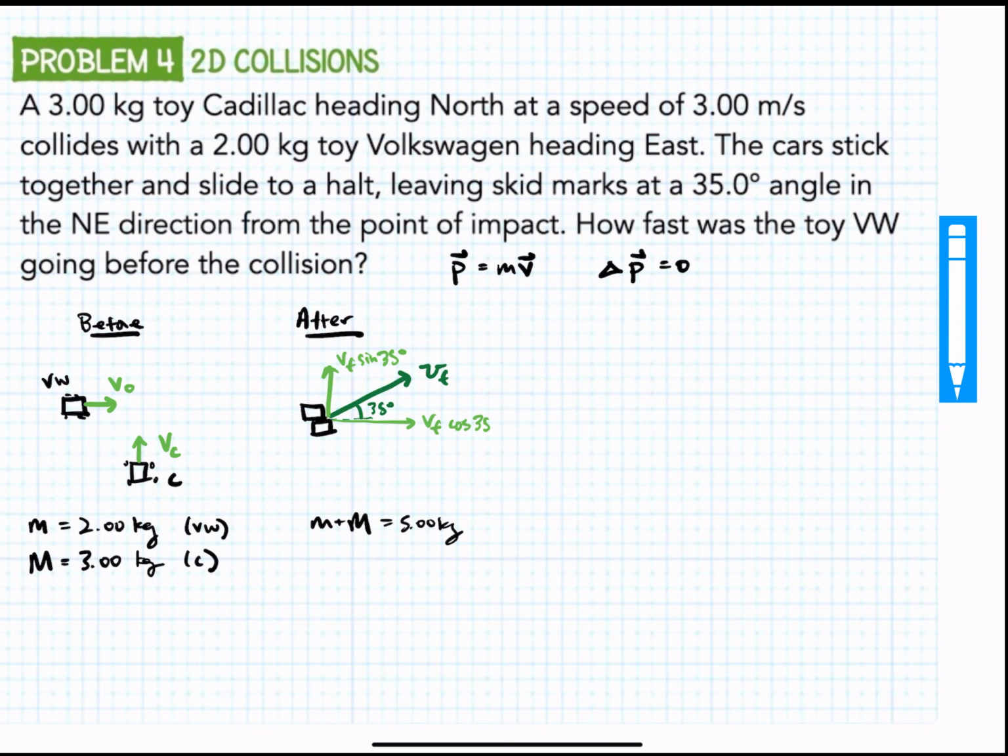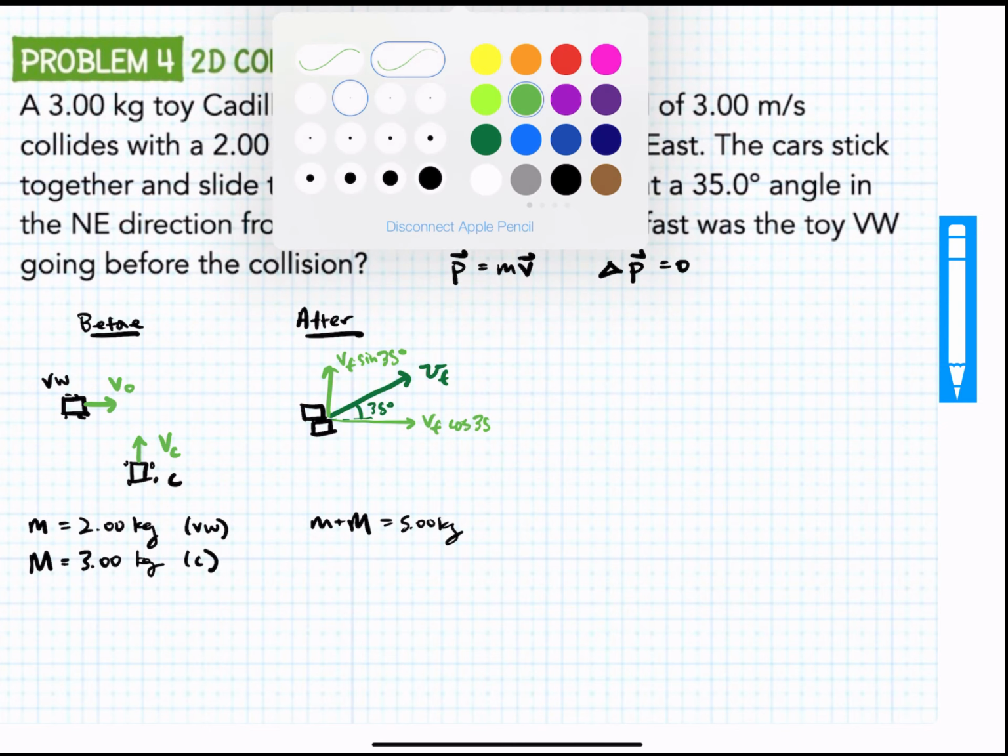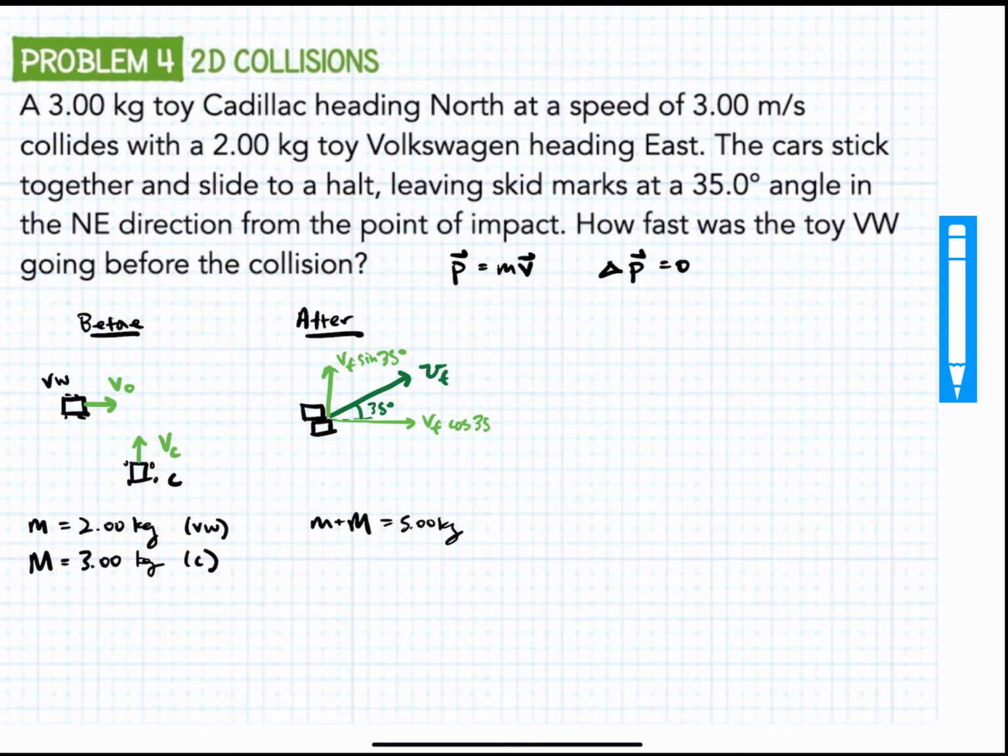So when we write this out, using conservation of momentum, our initial momentums should be in the x direction, so that would be the small mass for the VW times v naught.